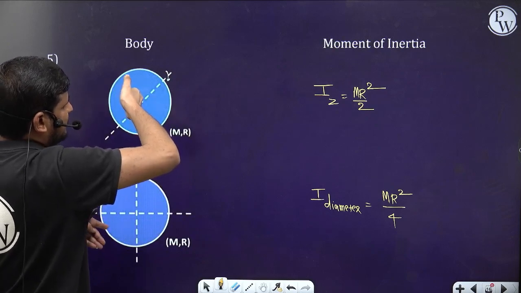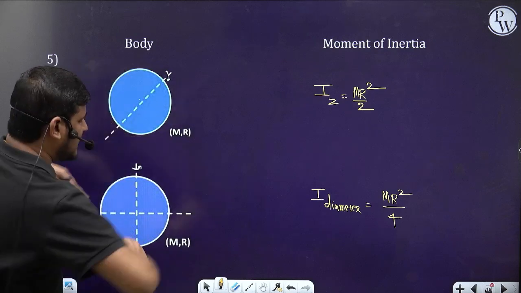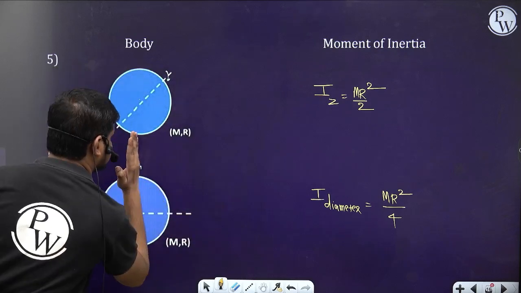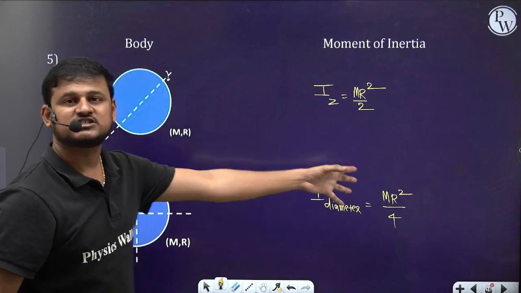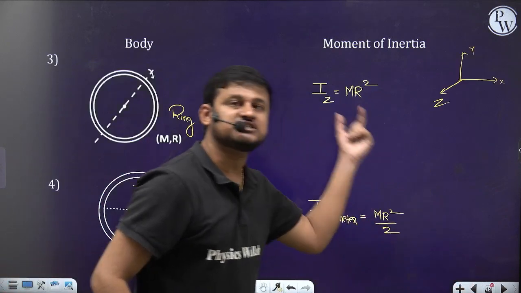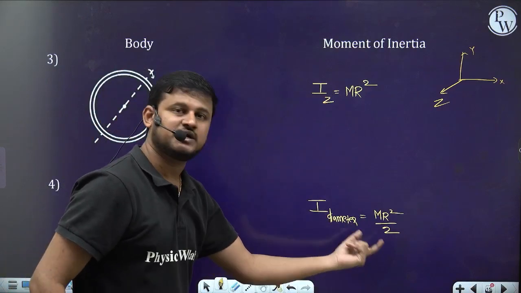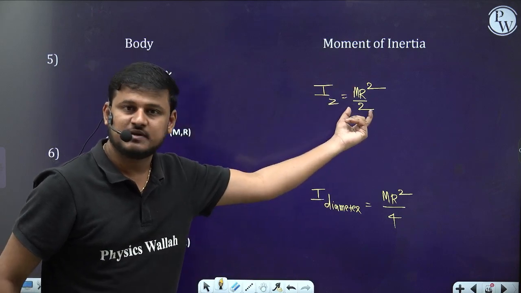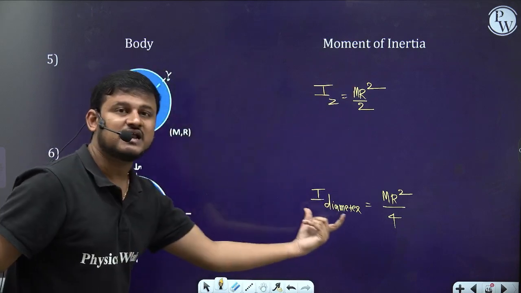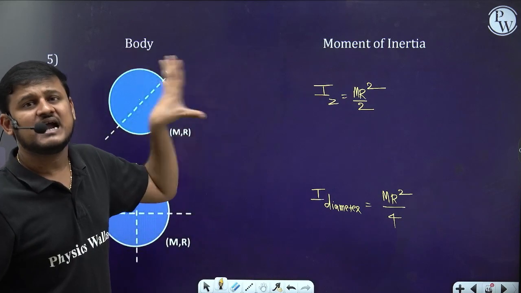About this axis, it is nothing but mr square by 2. Now if you need it about a diametrical axis, either this or this, which are in the plane, it is mr square by 4. So for the ring it is mr square about its perpendicular axis and mr square by 2 about its diametrical axis. Here for the disc, about its perpendicular axis or z axis it is mr square by 2, and about its diametrical axis mr square by 4. So this is the difference between the ring and the disc.